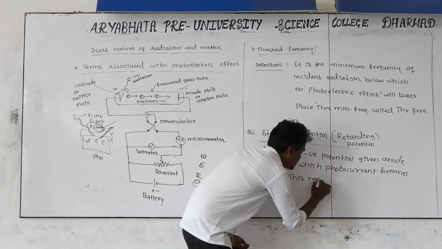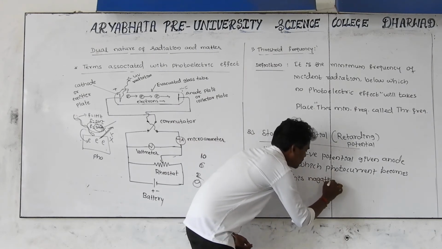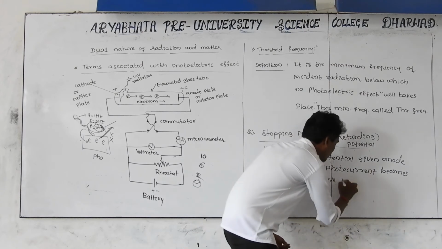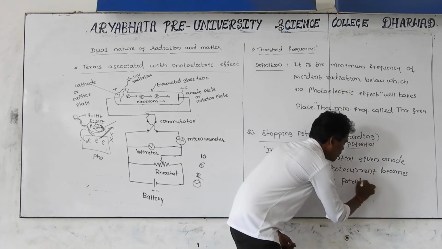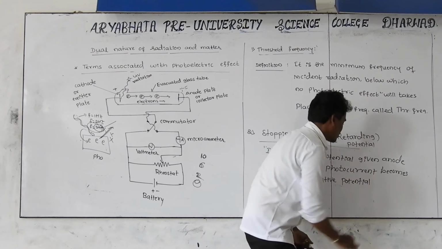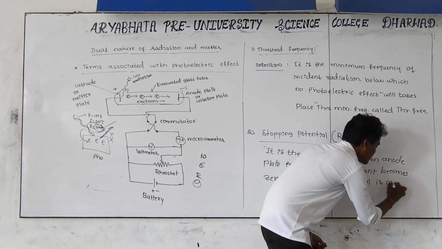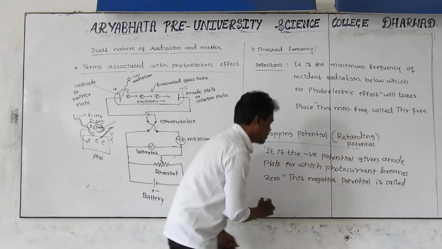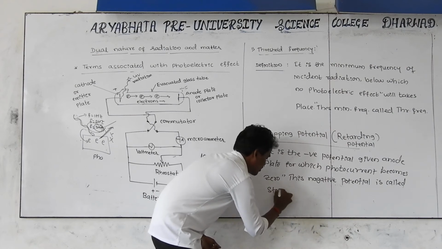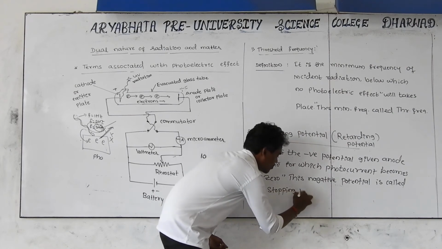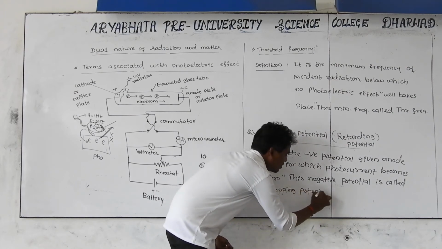This negative potential given to the anode plate is called the stopping potential.